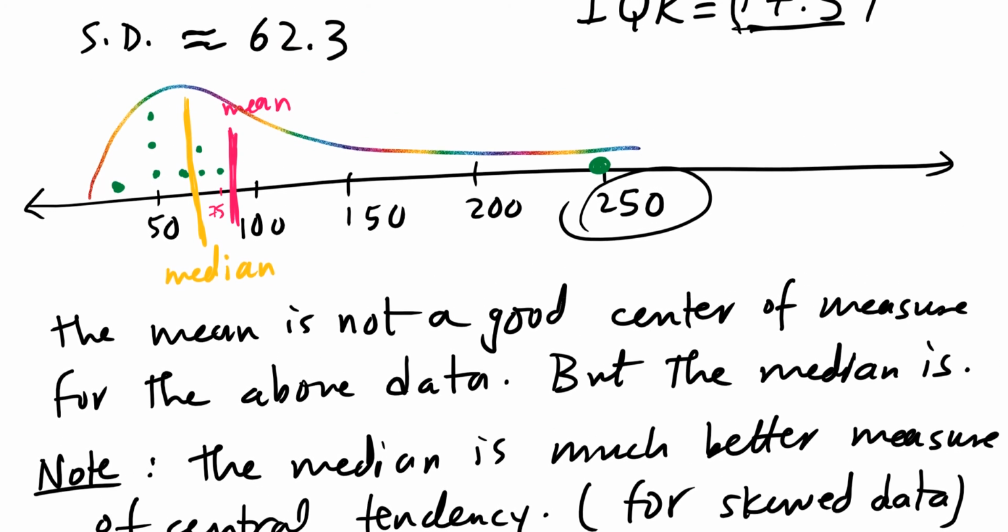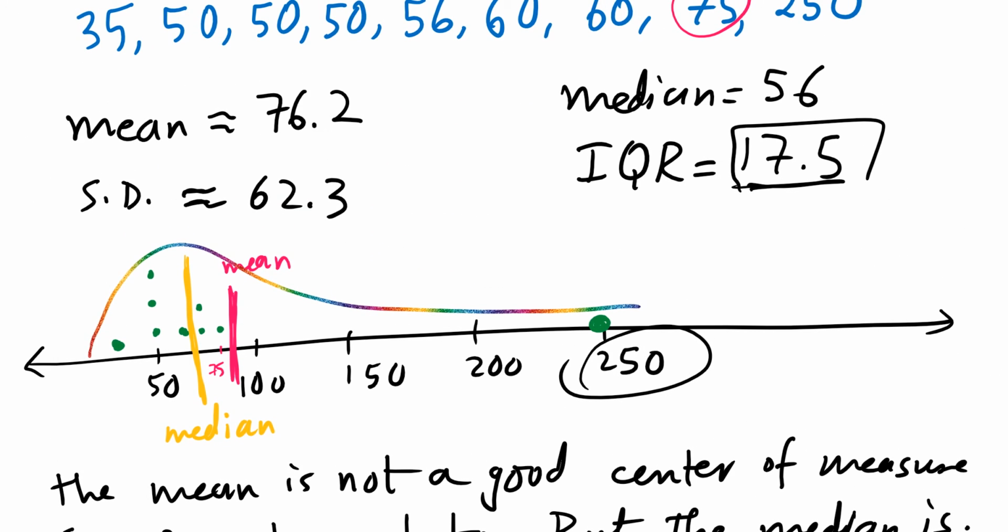So that's why we say the IQR is much better to use for spread than standard deviation, because no matter how big you make the 250, the IQR is going to stay the same. But if you make 250 into 500, for example, the standard deviation will get bigger and bigger. So that's why it's better to use IQR, and that's why IQR and the median go together. Standard deviation and the mean go together.